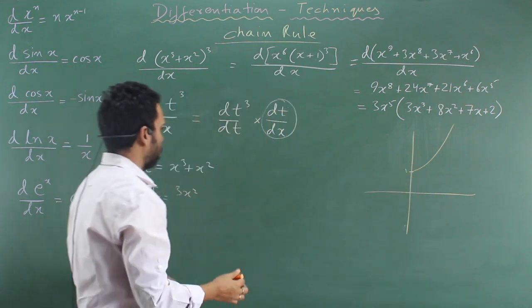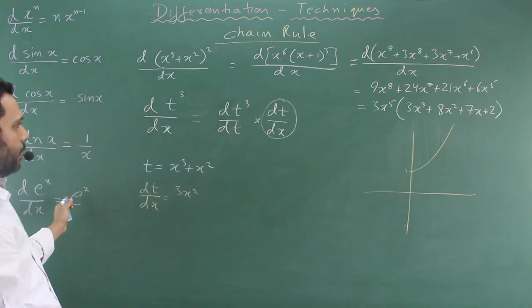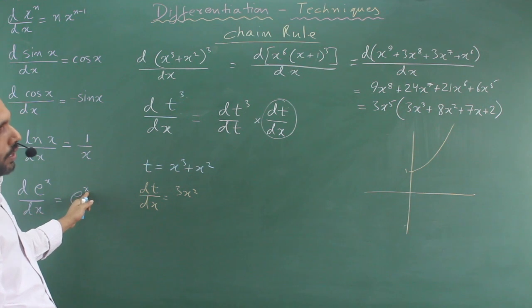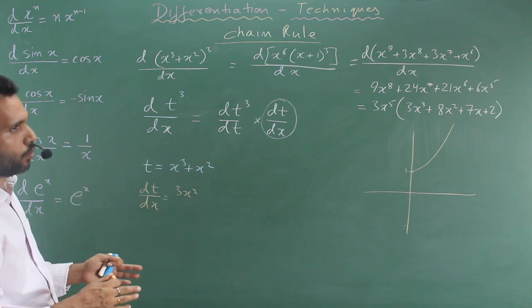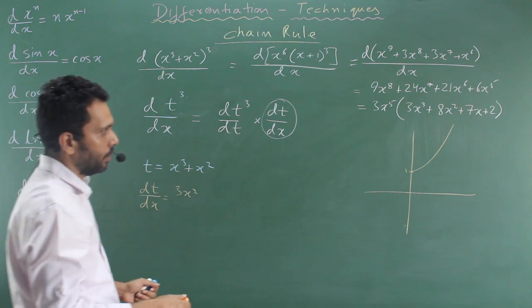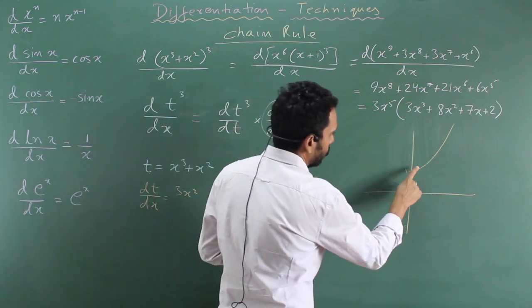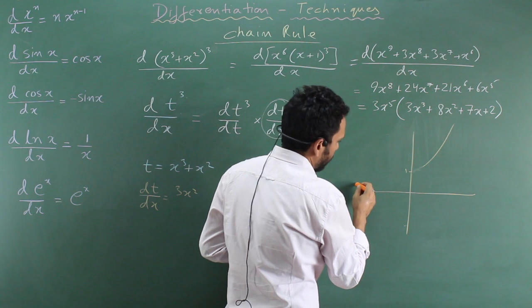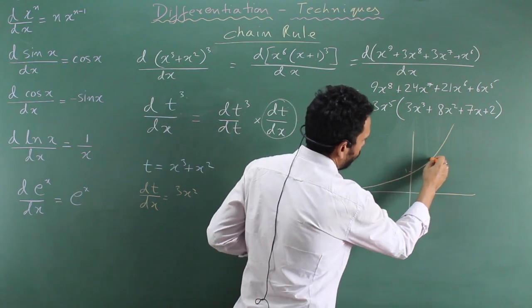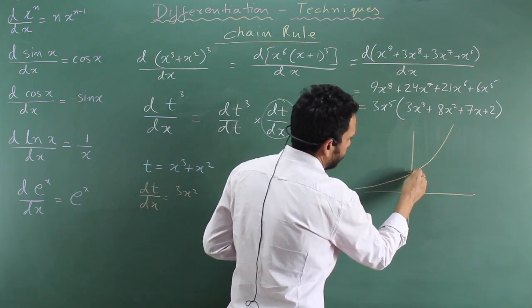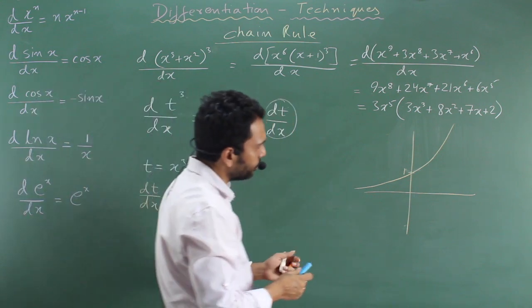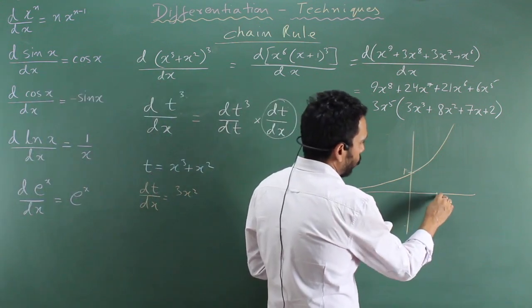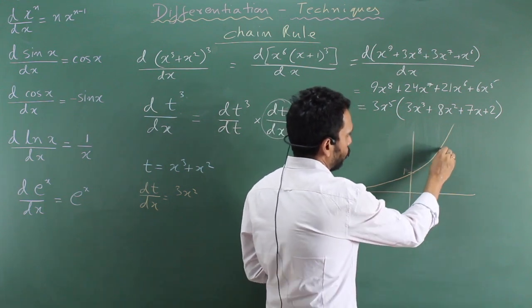And if I go on the negative side, e power minus 1 is 1 by e, a positive number. e power minus 2 is 1 by e square, a positive number, but a fraction. So it goes down, and the graph looks something like this, right? And the crazy thing is, at say 1, you want to find the slope.